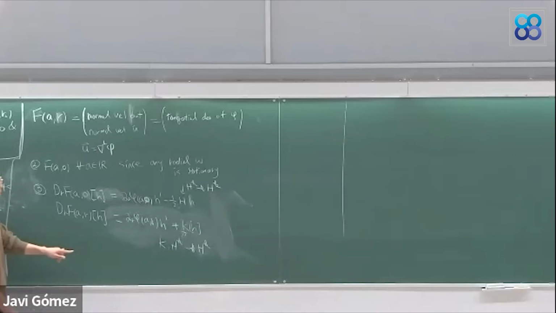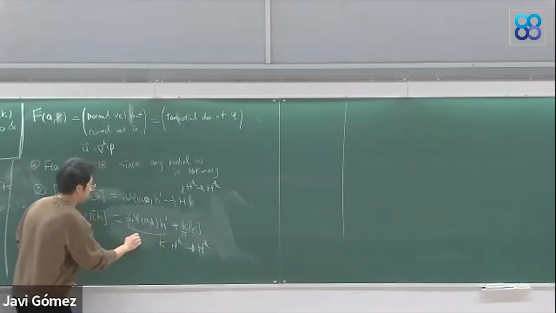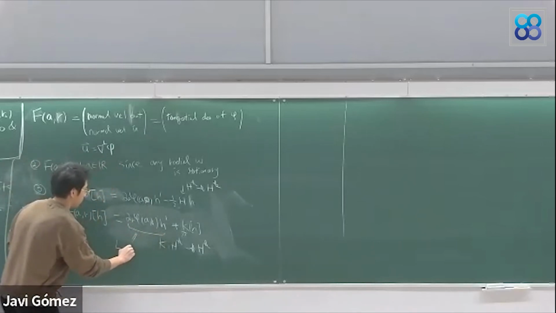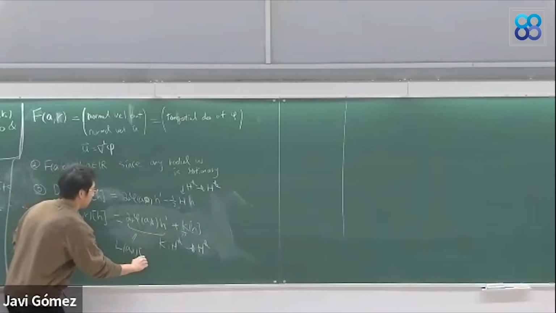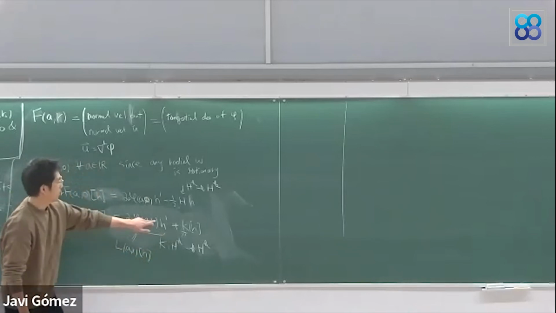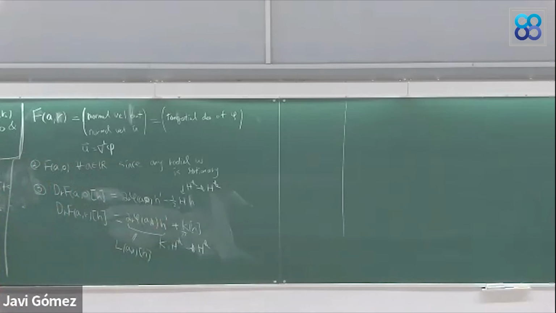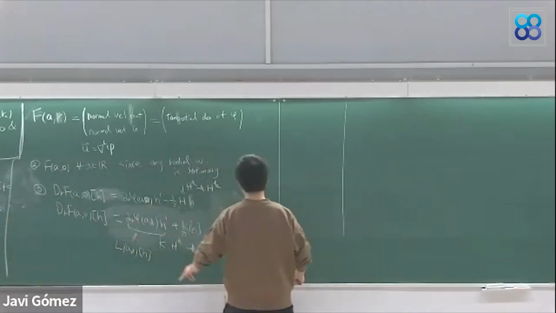And this part is going to be our L1 of h. And then we see we lose the derivative. L1, we lose the derivative. But we have to show that this L1, its norm is bounded by the norm of the functional. This is very easy.